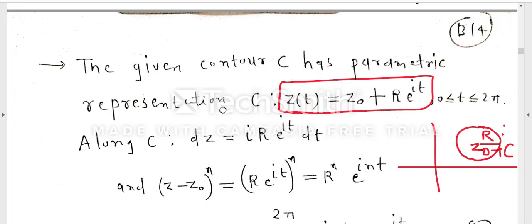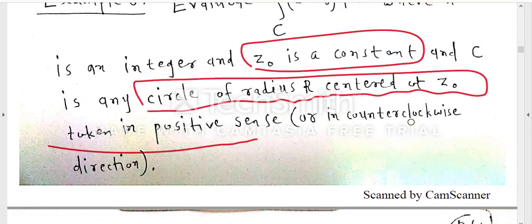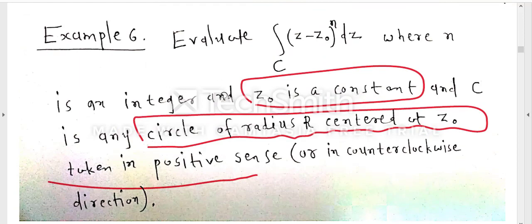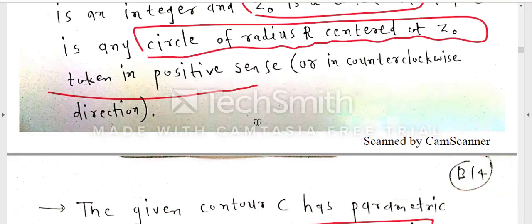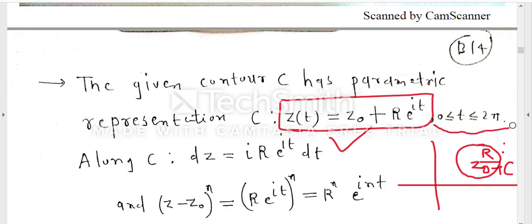And as we had discussed in the last lecture, if you have any circle with center z0 and radius r, you can represent it parametrically in this way. z minus z0 equal to r into e raised to i t, or r into (cos t plus i sin t). So here you have to evaluate along the whole circle. So we have considered parameter t from 0 to 2 pi.